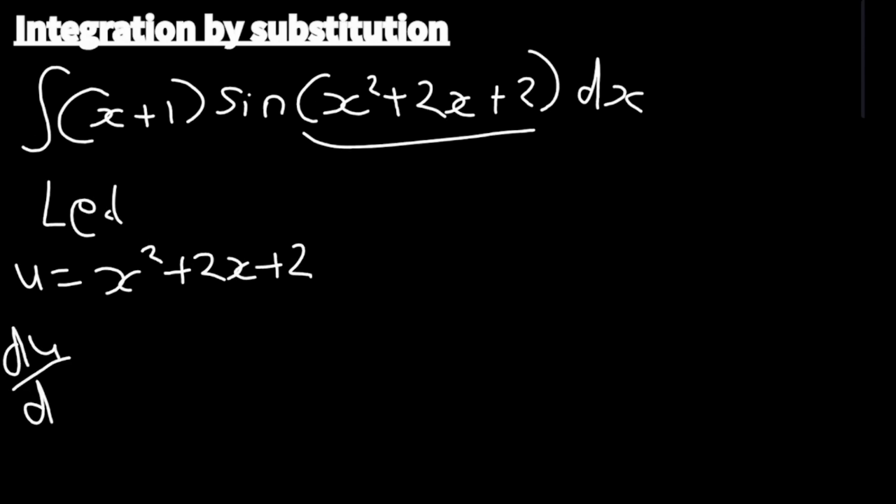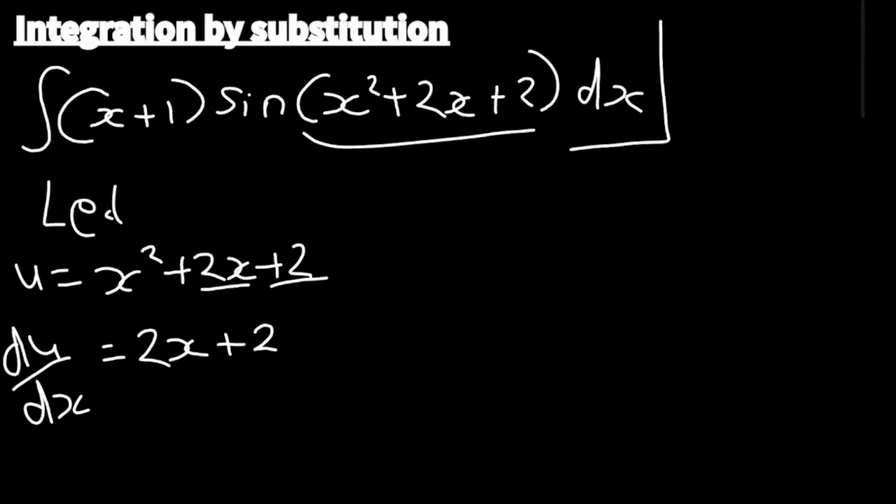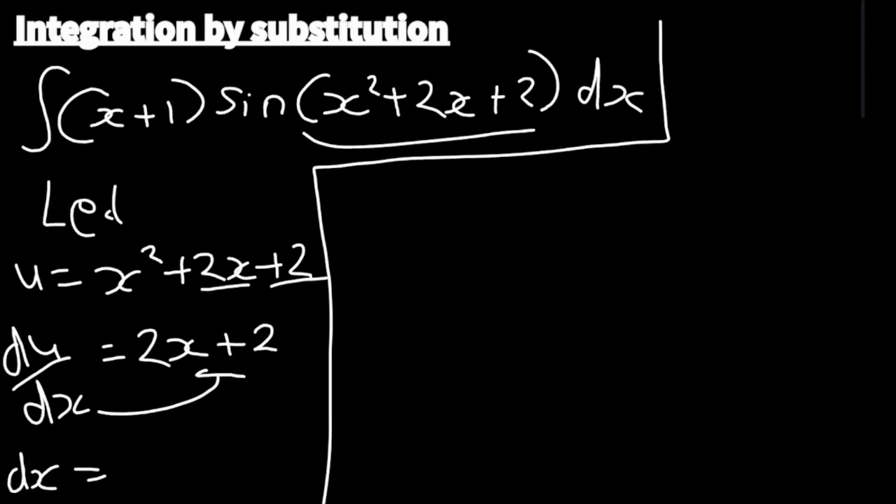Finding the derivative du/dx, that will be 2x plus 2. The derivative of 2x is 2. The derivative of 2, a constant, is 0. Next, make dx the subject. Take dx the other side and divide by 2x plus 2. That will be du over 2x plus 2.